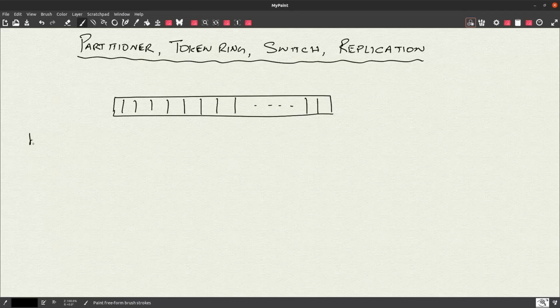So let us assume I do hashmap.put and I say key and value. So what will happen? This key will go through a hashing algorithm. What it basically generates is a token or a hash value as such. And this identifies that this is where the data needs to go.